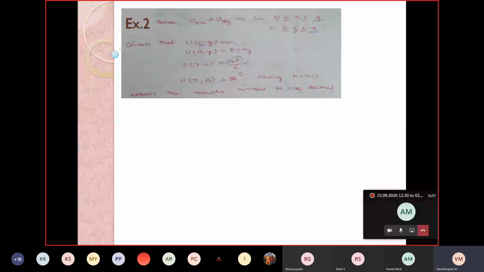That is, given that u(0,y) is equal to 0, u(4,y) is equal to 8 plus 2y, u(x,0) is equal to x square by 2, u(x,4) is equal to x square, taking h and k equal to 1. Obtain the results correct to 1 decimal. It is very easy because we are concerned about 1 decimal alone. Please make a note and we will solve this problem tomorrow.